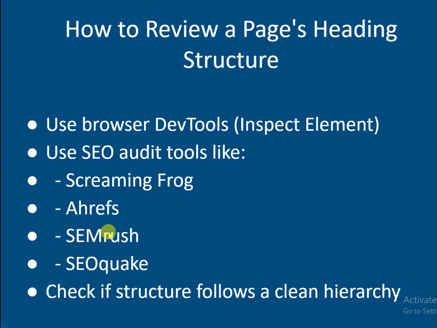Ahrefs and SEMrush both offer content audits that flag heading problems, if we have multiple H1 tags or if the heading structure is not good. These tools will also flag that issue. And SEOquake is a handy browser extension that quickly shows on-page SEO details. These are all paid tools.